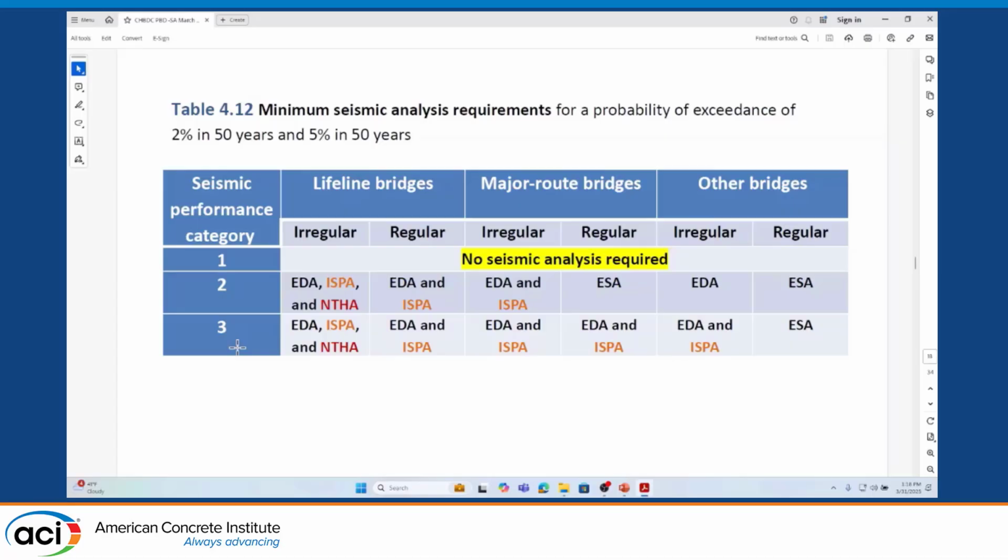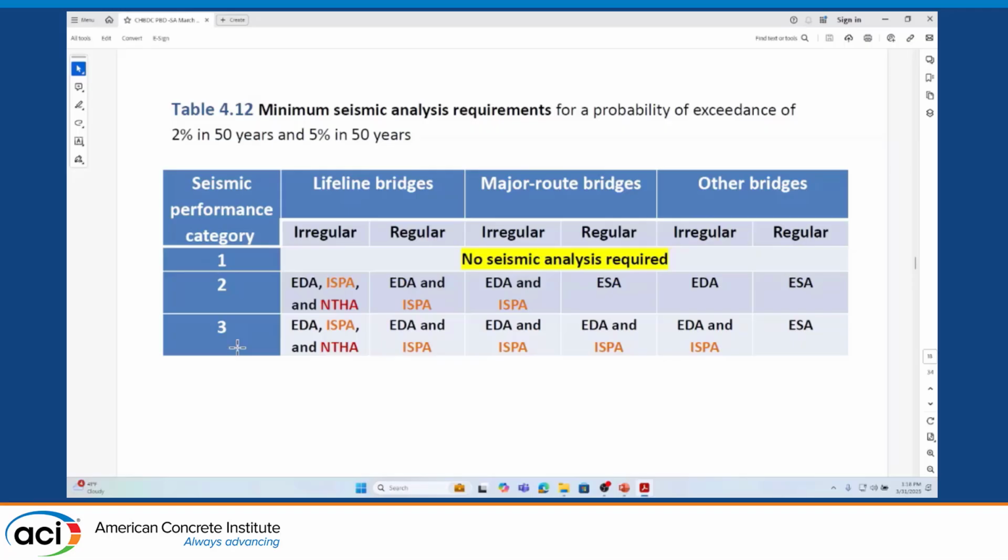Now, in terms of minimum seismic analysis requirements, what kind of analysis you have to do depends on the seismic performance category, the importance of the bridge, and whether it's regular or irregular. If you closely observe, for irregular lifeline bridges, only this group requires nonlinear time history analysis.